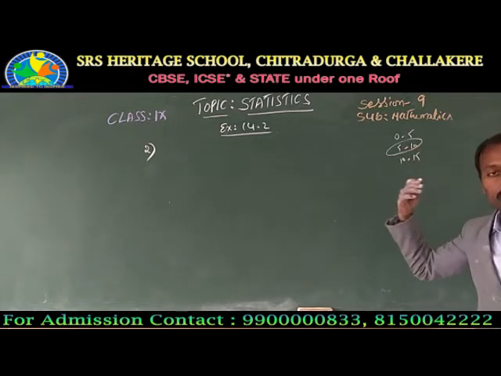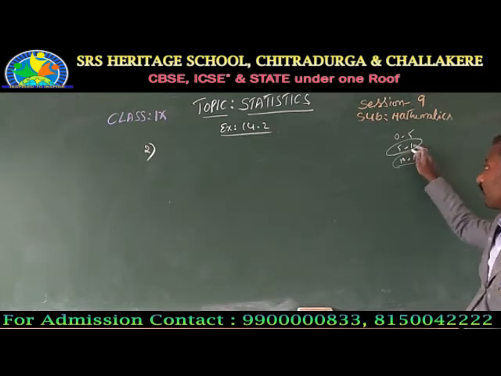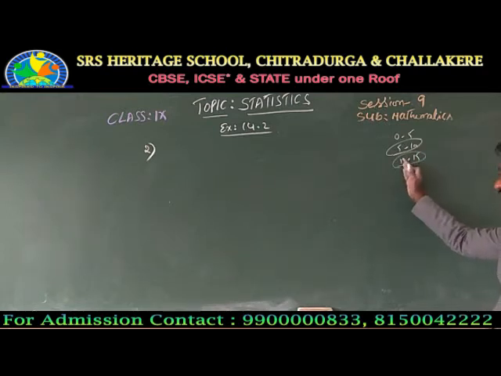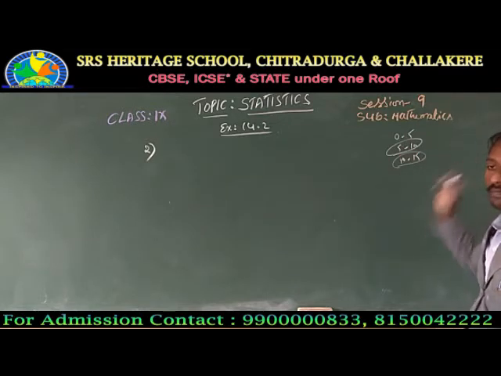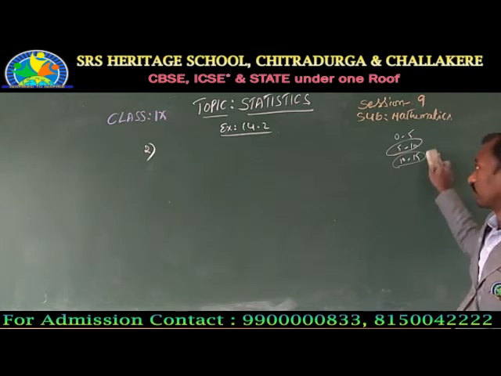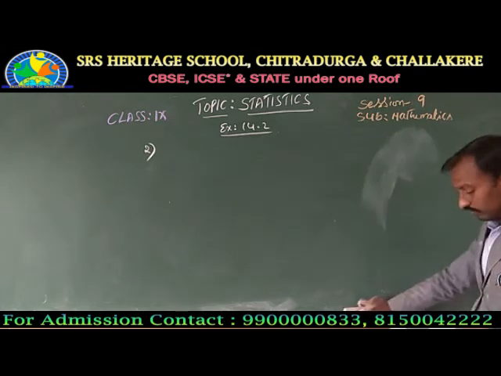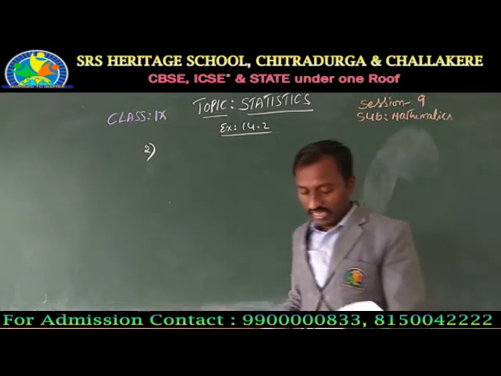If a particular student scored 10 marks, 10 should be considered in the interval starting at 10, not in the previous interval. It should be the lower limit. The particular mark must be in the lower limit, not the upper limit. Be careful, this is very, very important. So for 0 to 5, they clearly mentioned 5 is not included.